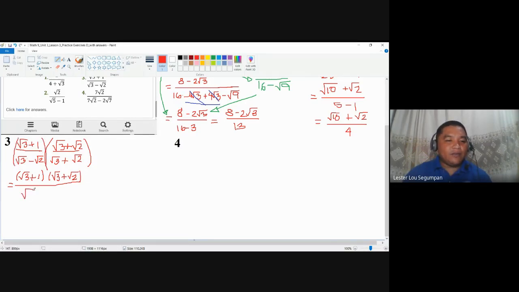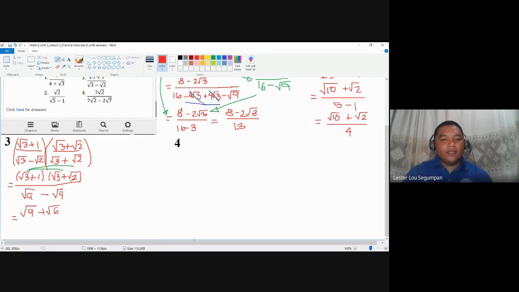So we have square root of 9 and then square root of 4 and then we have minus. So using the FOIL method in the numerator, you have square root of 9 for the first term. Outer, you have plus square root of 6.